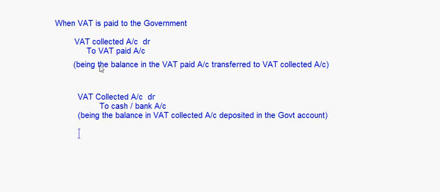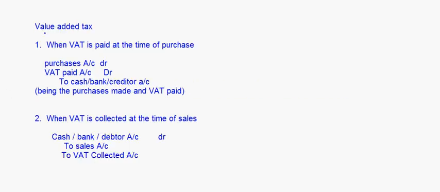So this is how VAT is treated. These are the journal entries pertaining to value added tax. So what you have to remember here is, when we make a purchase, we pay the VAT, and when we make a sale, we collect the VAT.